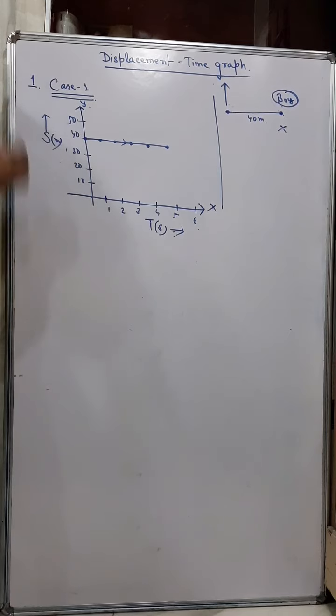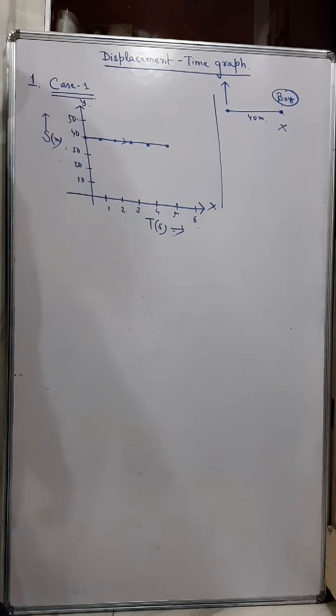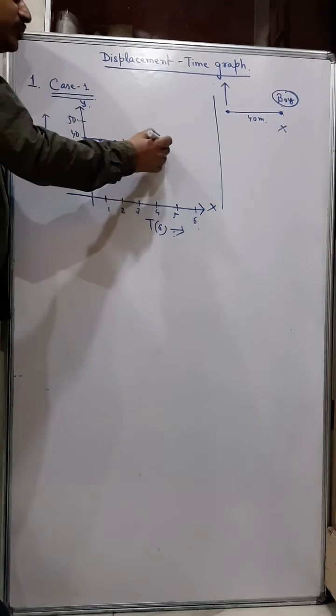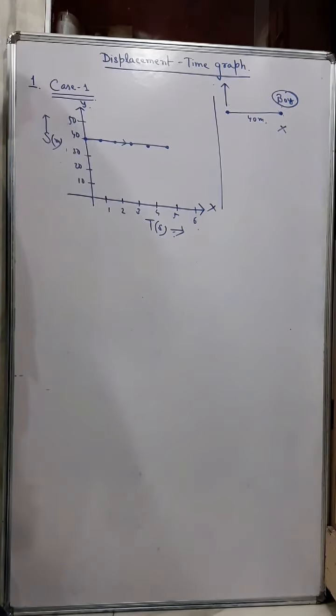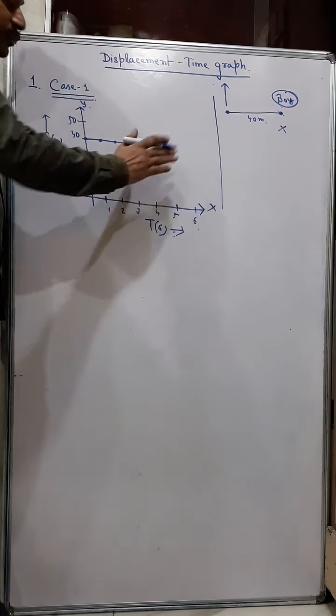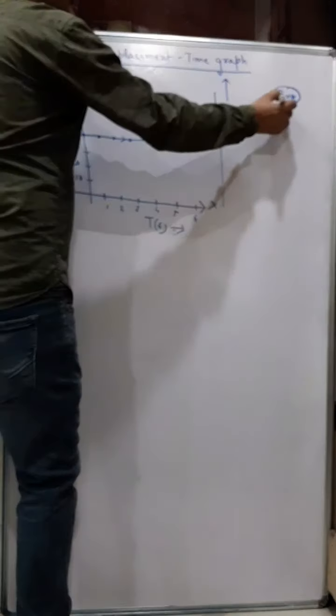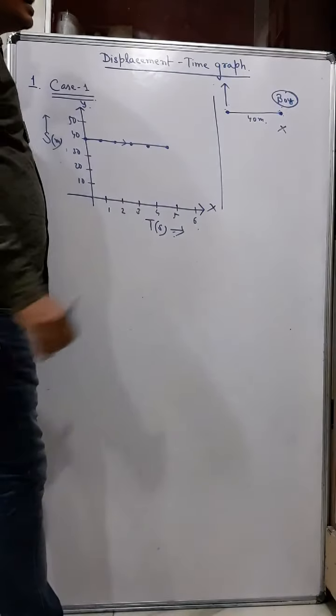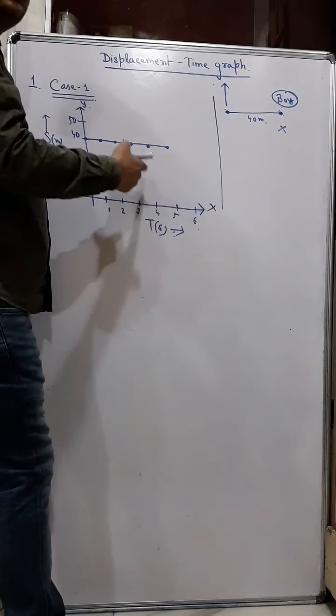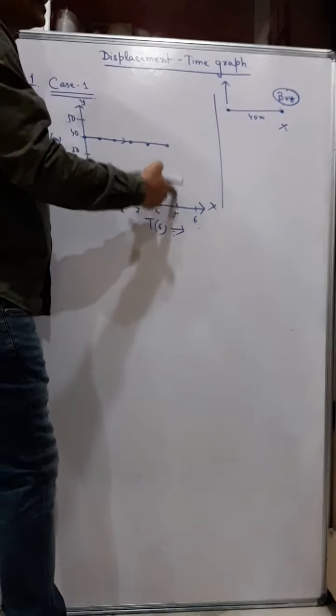Then in this case, what can we say about the motion of the body? How is the body moving? It was 40 meters in the first second, in the second also 40 meters, third second also 40, fourth second also 40, fifth second also 40 meters.